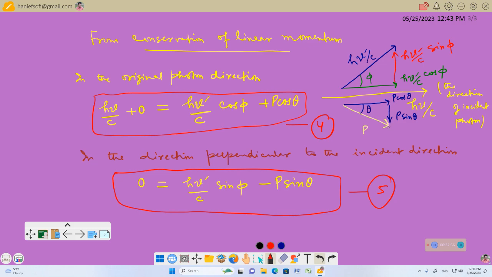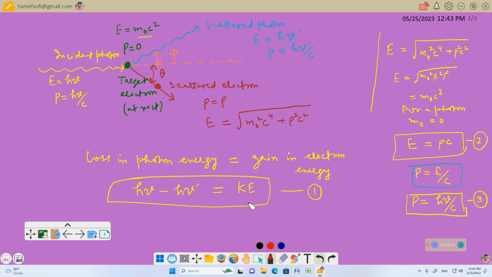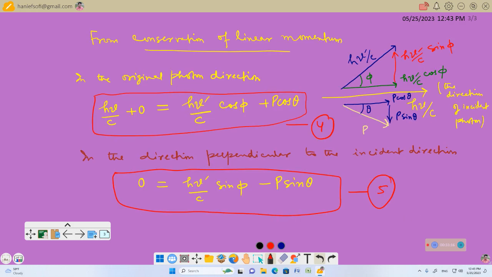That is because it is pointing downward. So that's why here we have minus and here we have plus. This is all we have. We have these equations from conservation of energy and from conservation of momentum.